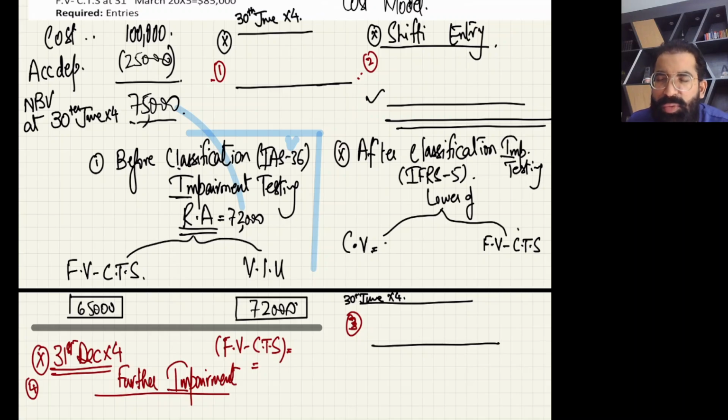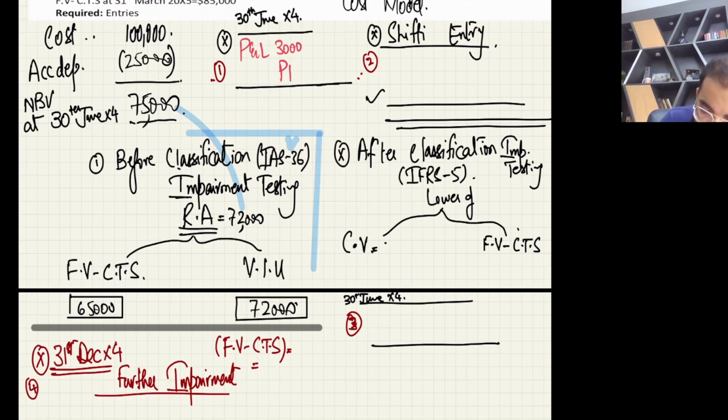Wherever your carrying value is greater than recoverable amount, impairment is a must. Let me make the entry of impairment: P&L debit 3,000 and property, plant and equipment credit 3,000.